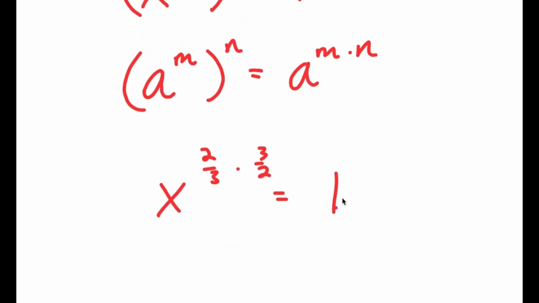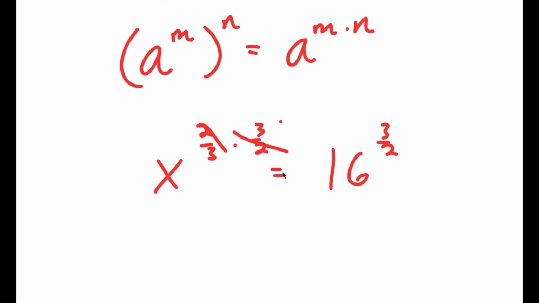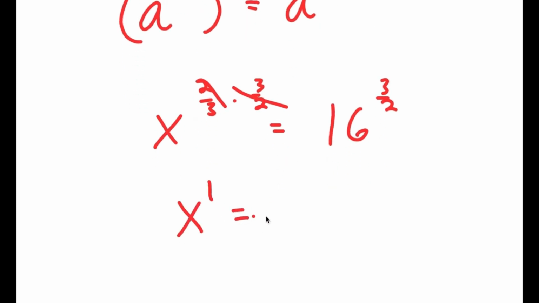And this is equal to 16 to the power of 3 over 2. Now, 2 over 3 and 3 over 2, these two are reciprocals, so they simply cancel out, leaving me with x to the power of 1 is equal to 16 to the power of 3 over 2.